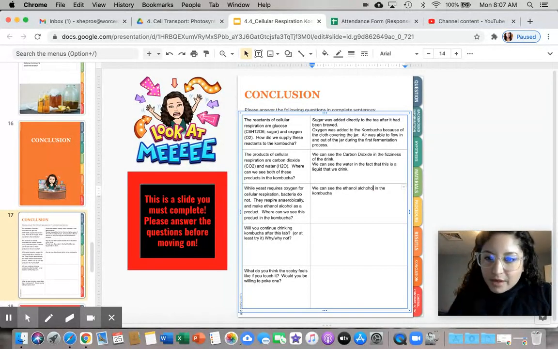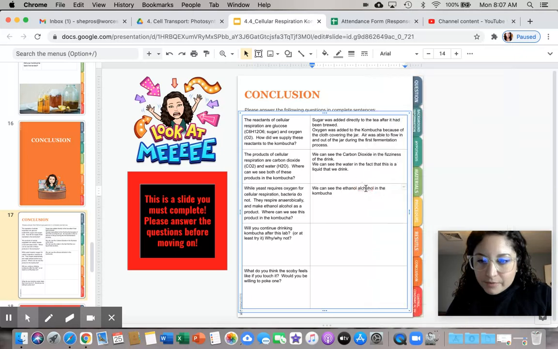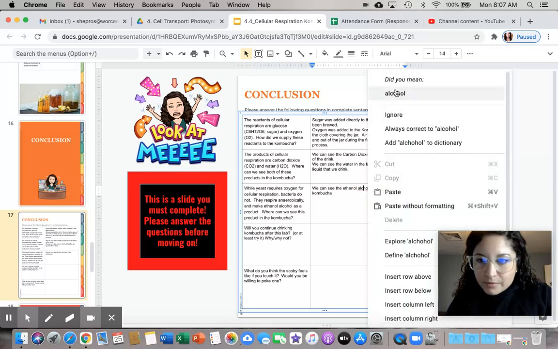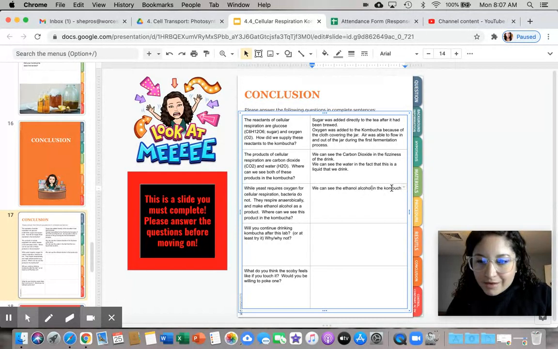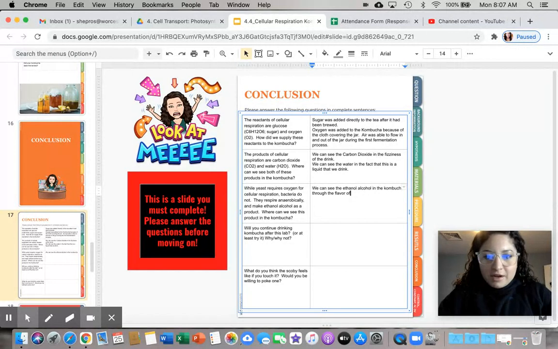Alcohol. There we go. How am I not spelling this right? All right, we can see ethanol alcohol in the kombucha through the flavor of the drink.